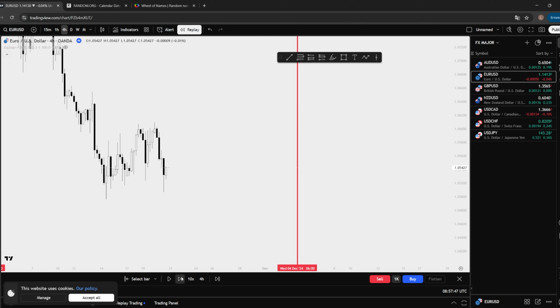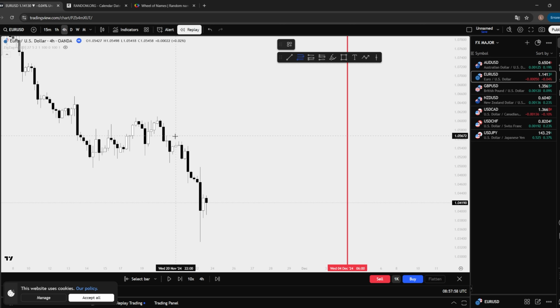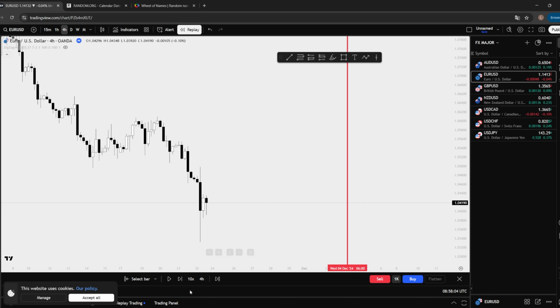Let's keep on going. So this is a short structure. Okay. The range here is too broad, I think, so I don't really like it very much. Let's keep on going.